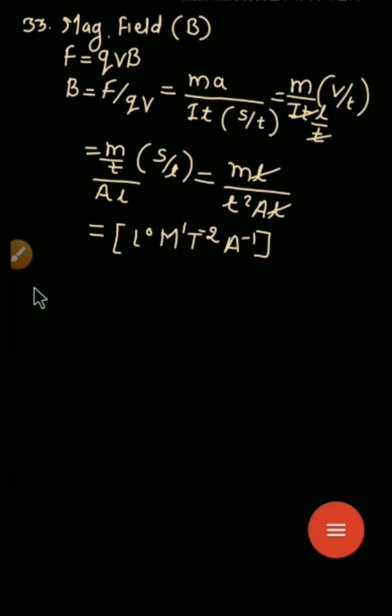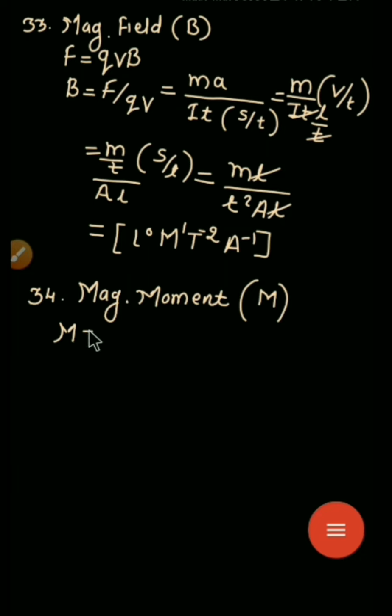Then we have the next physical quantity, that is magnetic moment. Magnetic moment is denoted by capital M. So we can write here capital M is equal to IA.